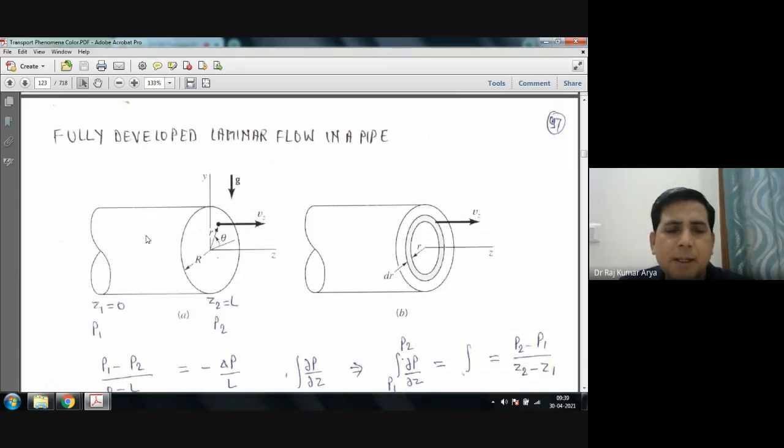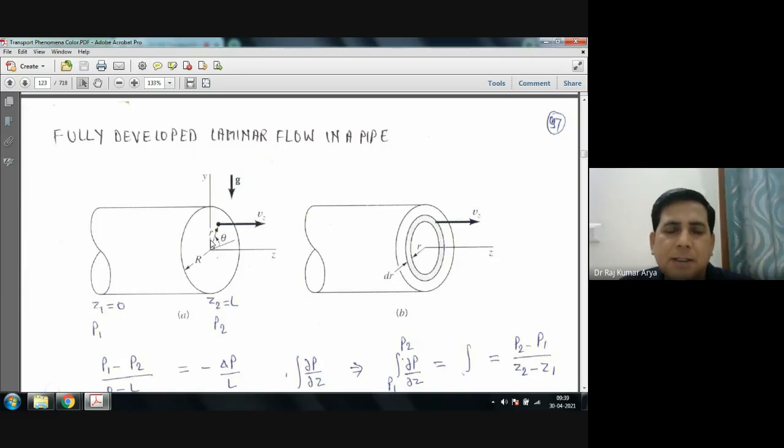So inside this pipe, the fluid is flowing, and for the time being, you can say that the pipe is horizontal, but it can be inclined in any direction without any problem. So for the time being, let's say it is horizontal and the z axis is parallel to the axis of this cylinder. The r coordinate is the radial direction.